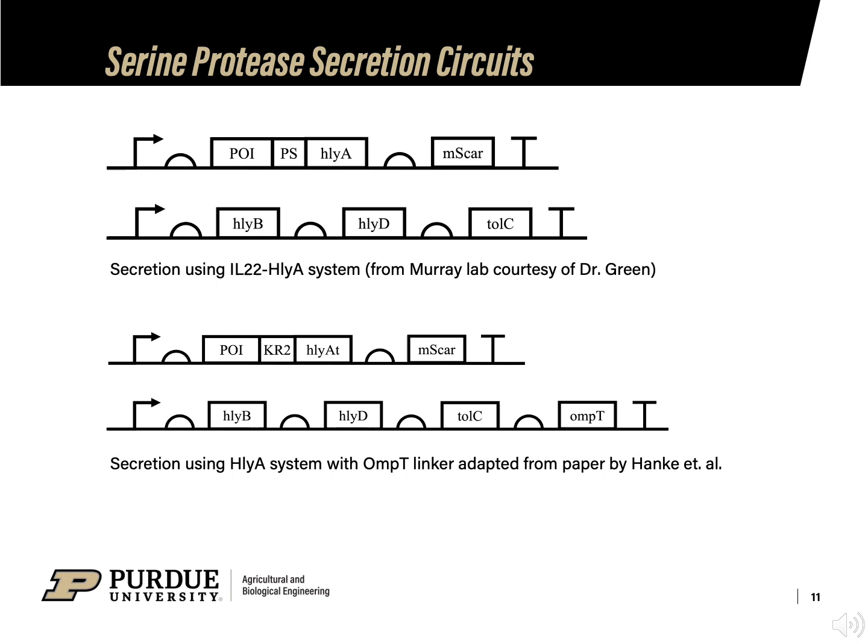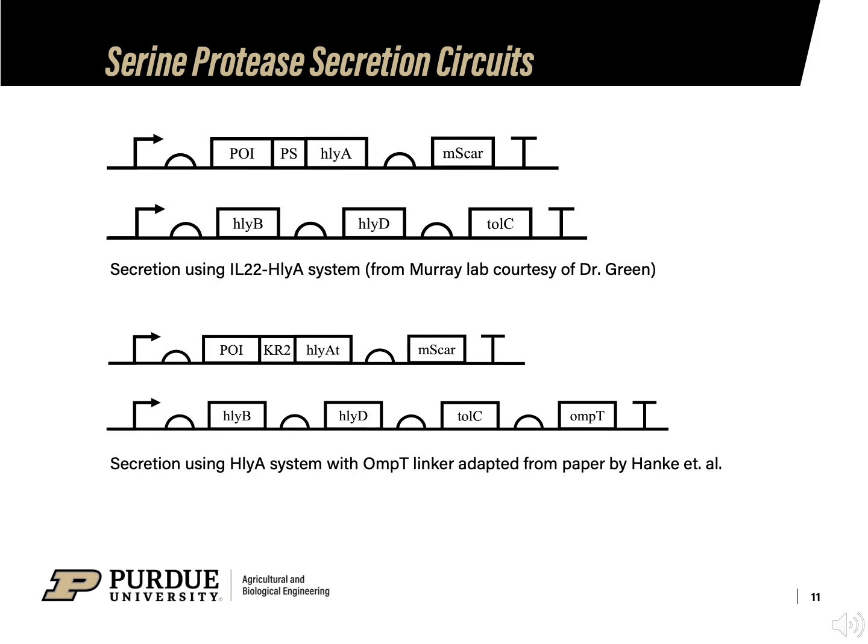The top of those two circuits shows the POI connected to a precision site and then HlyA. Later, the HlyA would be cut off in post-processing using the precision enzyme.